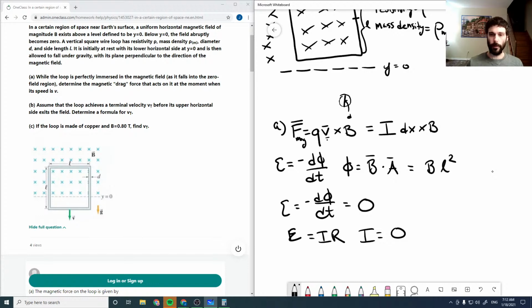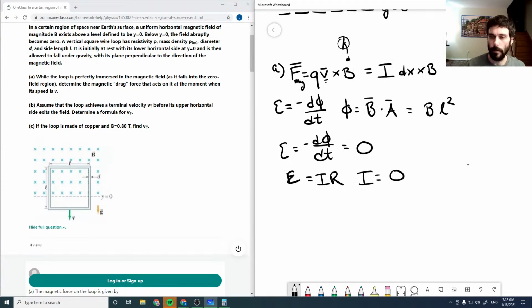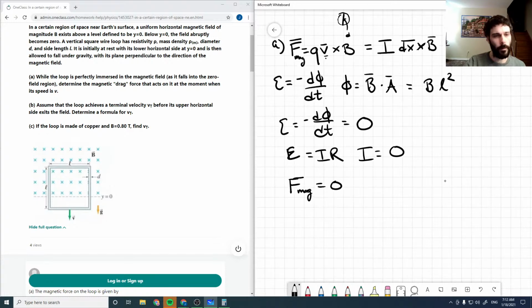So we have no current flowing when it's fully in the field because nothing's changing. And so because we have no current flowing, our magnetic force is 0.